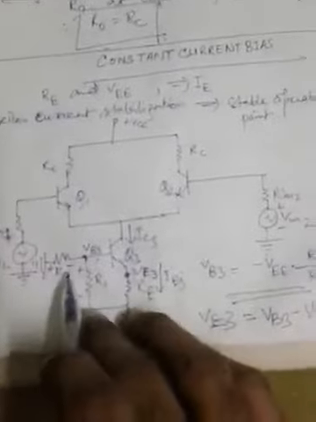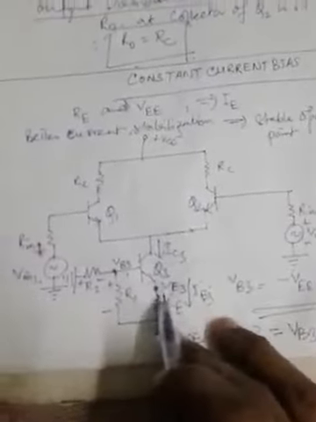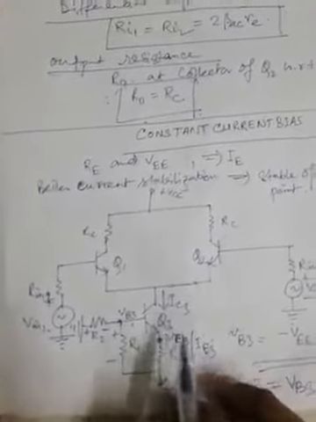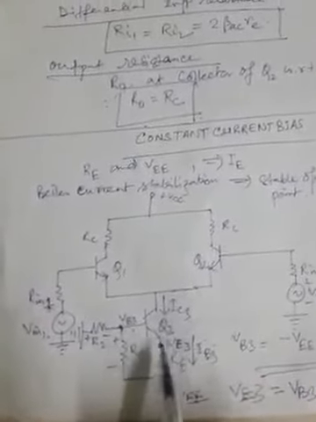Now the collector current IC3 in transistor Q3 is fixed and must be invariant, because no signal is injected into either the emitter or the base of Q3. So in this circuit what we are observing is that neither from the base nor from the emitter is any signal being applied to the transistor Q3.